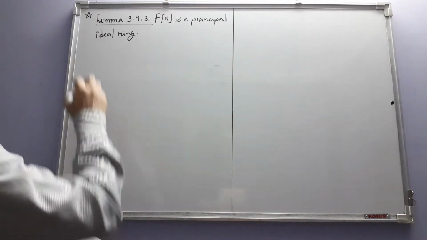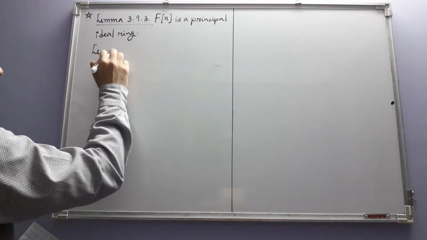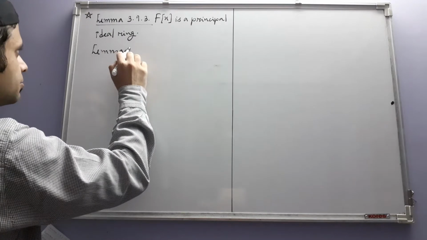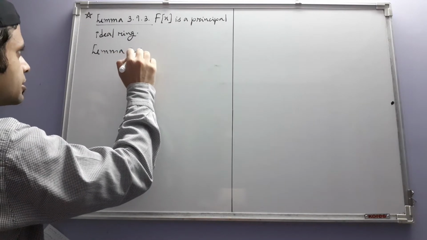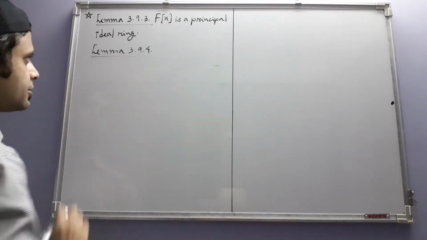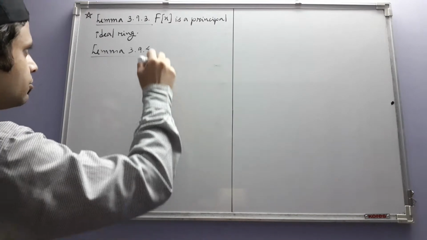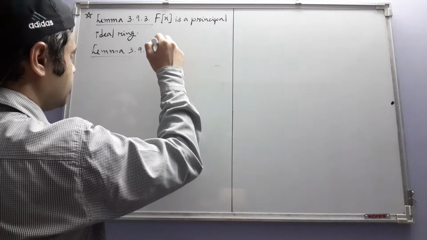And then we have one more result which we already know, which tells us about the existence of a greatest common divisor of two non-zero elements in a Euclidean ring. So if we state that here, then it will look like this.